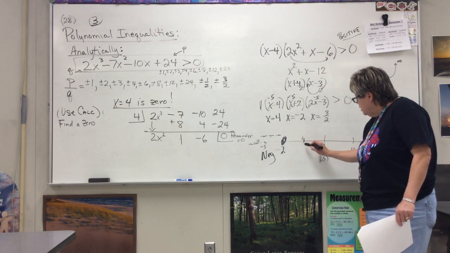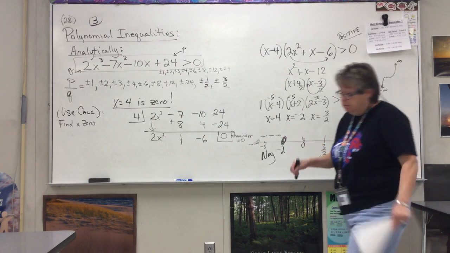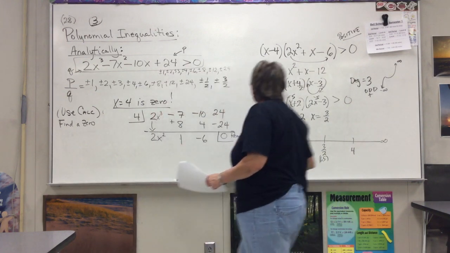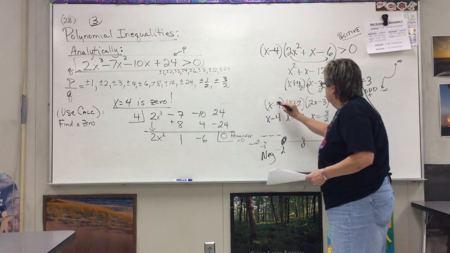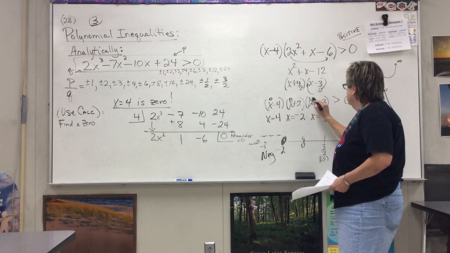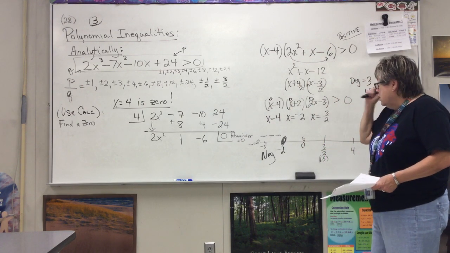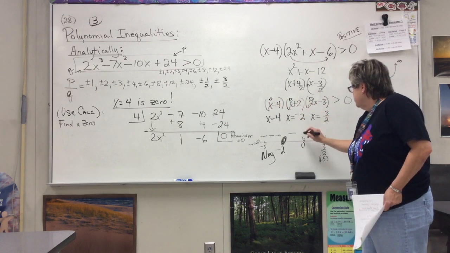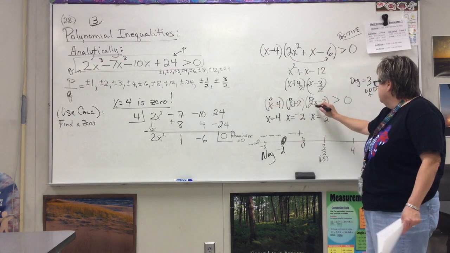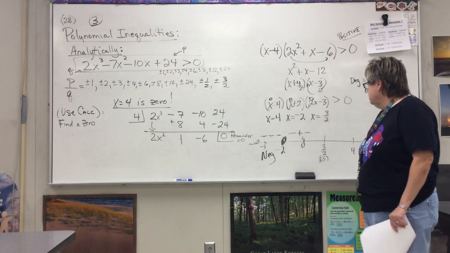Now we pick something in between. How about 0, because that seems to be handy. Looking at the sign of each factor: 0 minus 4 is negative, 0 plus 2 is positive, 0 minus 3 is negative.